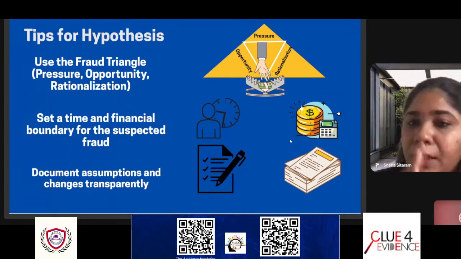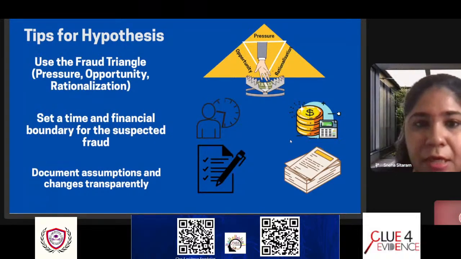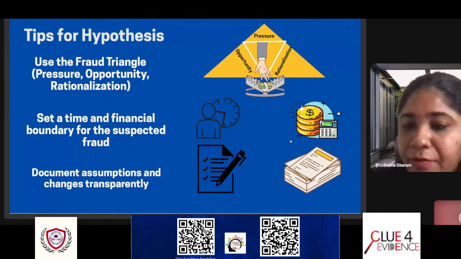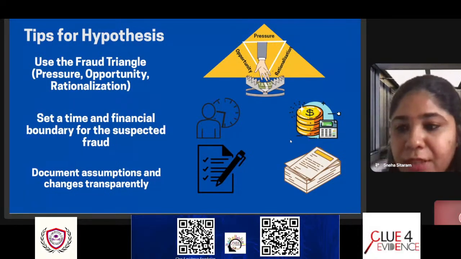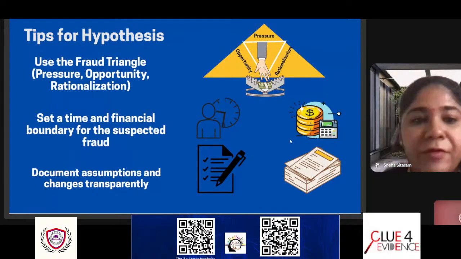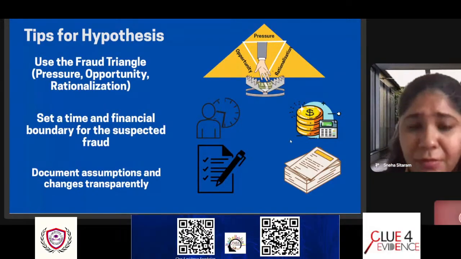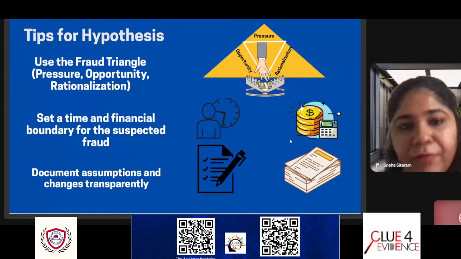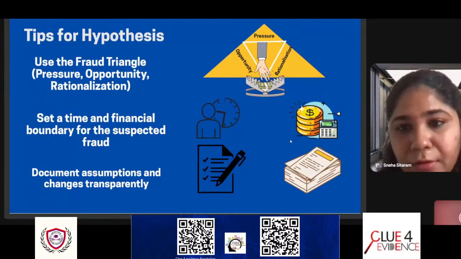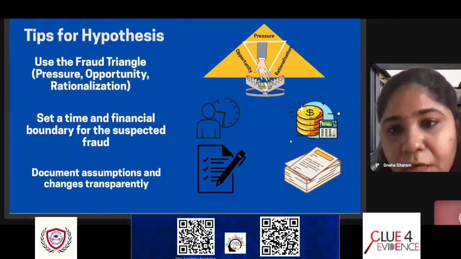Any employee would be under one of these three situations to commit a fraud. The ultimate aim is money, but the motive comes from one of these things. These three drivers help us understand why the fraud might happen, and based on this, whatever laws or theories we have can be applied during any investigation.